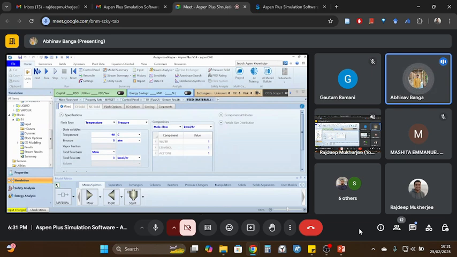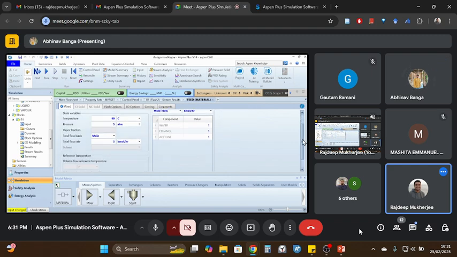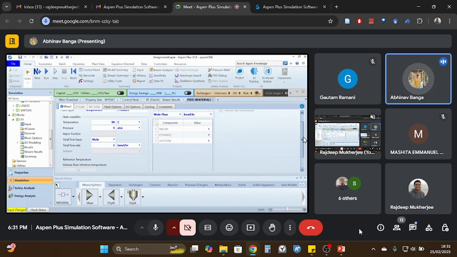My screen is visible? Yes, it is visible. See, these are the properties I have defined over here in the simulation. And these are the stream results.